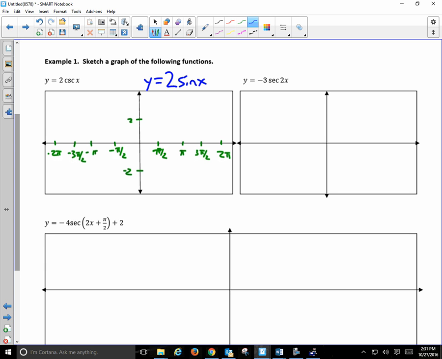Okay. Now what? I'm trying to graph this. Where do I start?